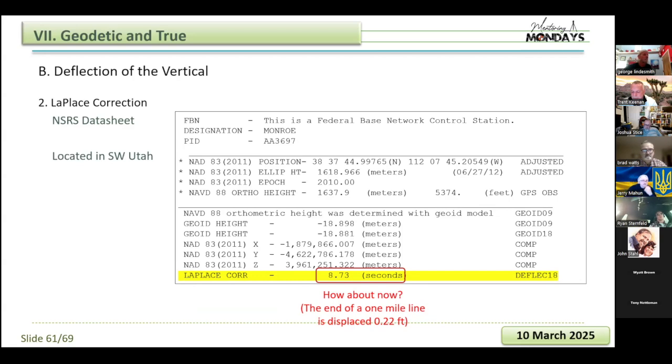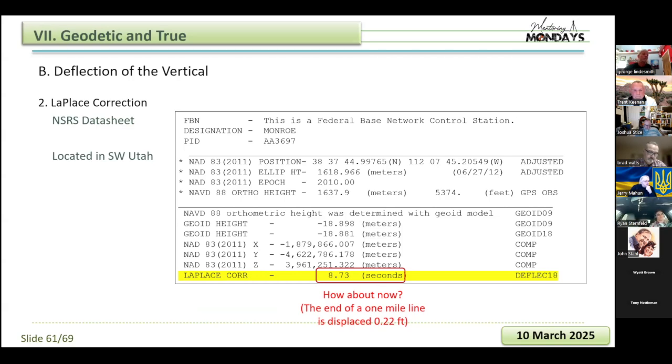When you look at the manual, you really have to ask, is that something I need to be concerned with when doing corner restoration by proportionate methods? Because my cardinal equivalence is based on true north, and if I'm 8 seconds off in a 1 mile line, that can throw my proportion off enough that it introduces error into my position.